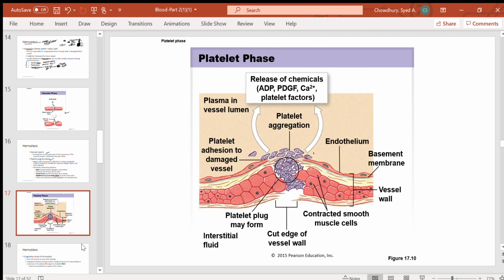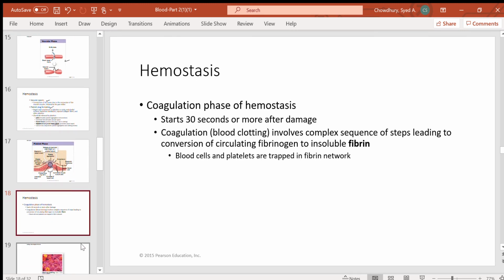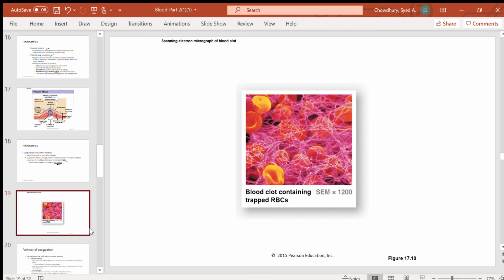Here you see these are the platelets. Okay, so just go over fibrin thread, fibrin network or mesh. Here you see fibrin mesh. You see here the fibrin threads and they get attached to each other to form the mesh. Okay.